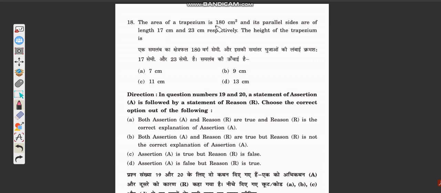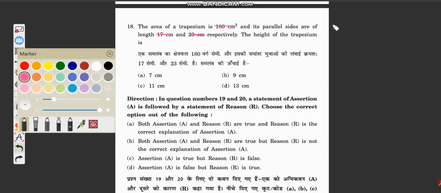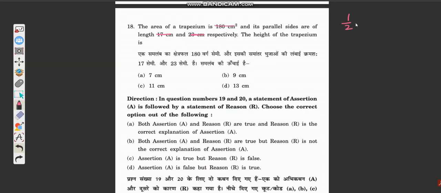Area of a trapezium is 180 centimeter square and its parallel sides are of length 17 and 23. The height of the trapezium. We know that area is half h into a plus b. It is equal to 180. 180 means half h into 17 plus 23. Parallel sides, if those are non-parallel sides, we cannot substitute in the place of a and b.